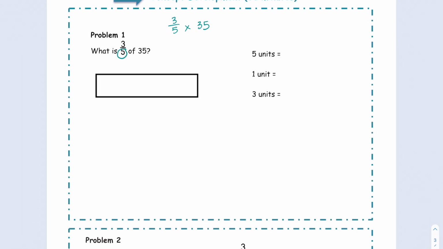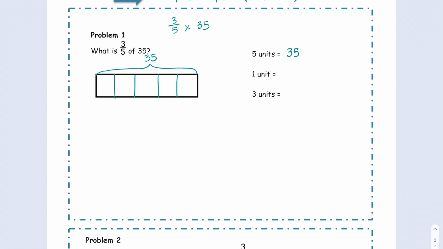I've got fifths. So that means I need to show fifths on the tape diagram. And then my total that we're looking at is 35. So that means what I've just shown on the tape diagram is 5 units would be 35.